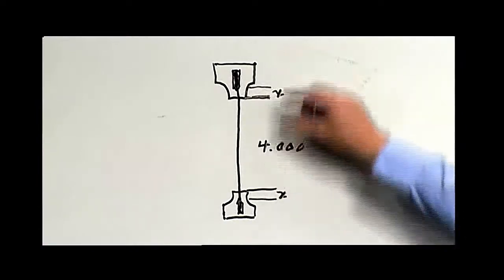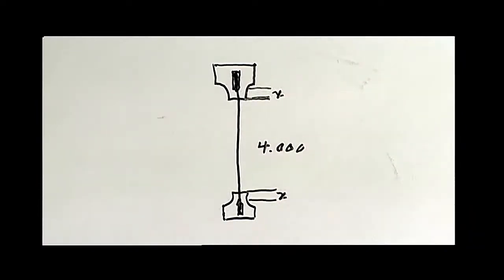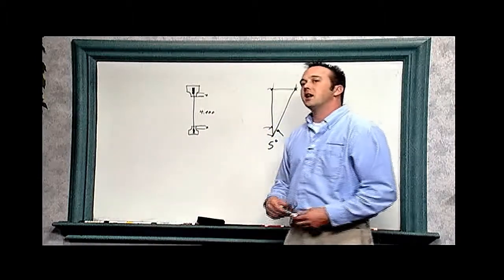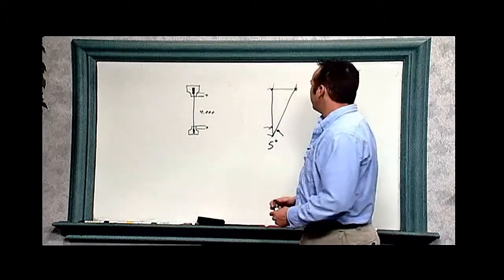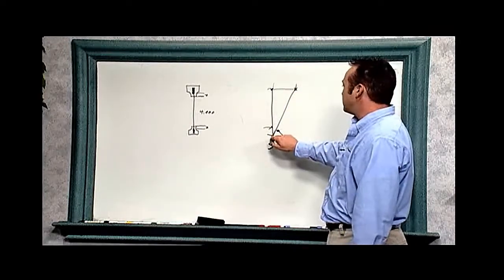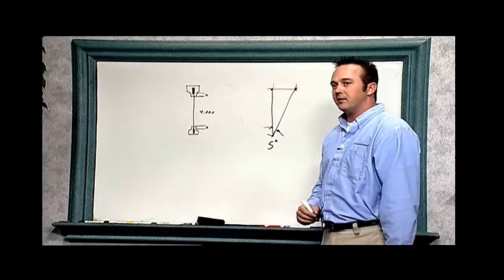Okay. Once I know these two values, what the machine is going to tell me, I can now trig out the amount of movement needed to tip over whatever specified amount to meet the angle that I need to cut at.